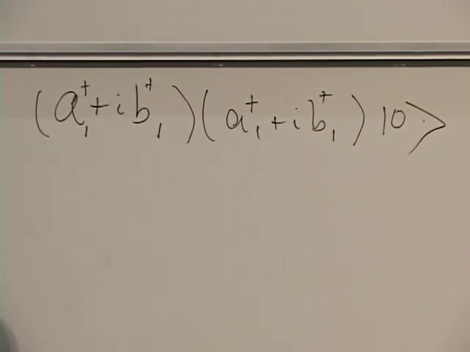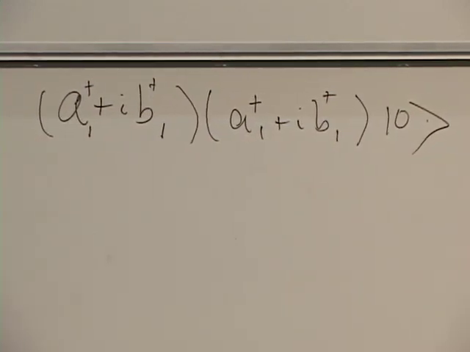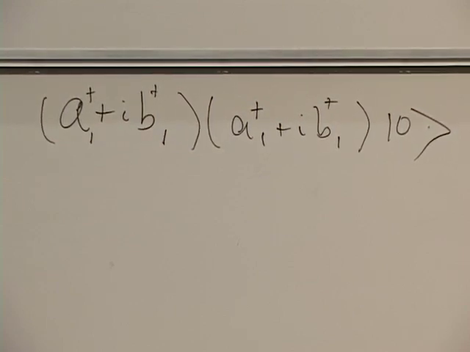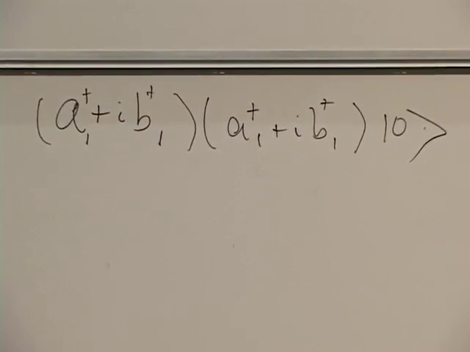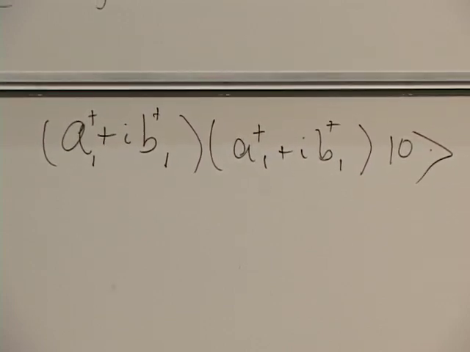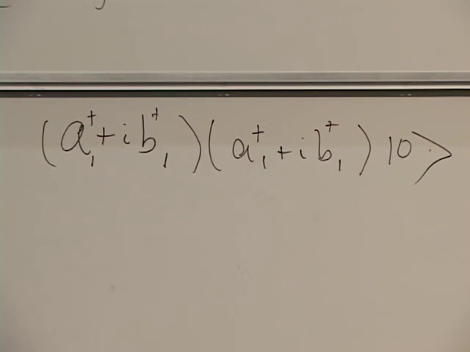What would you think this makes? Anybody got an idea? What did A plus iB make for the photon? Circular polarization, which meant angular momentum plus 1.